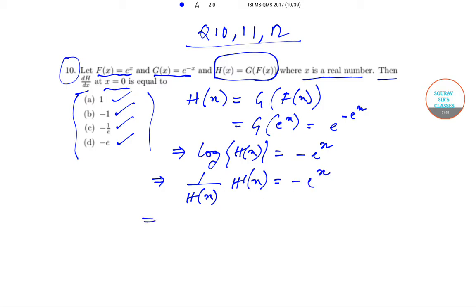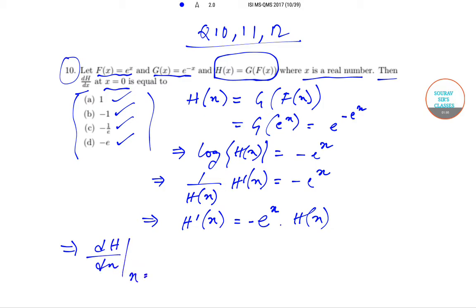So this implies that h dash x is equal to minus of e to the power x into h of x. This implies that dh by dx at x equal to 0, which is nothing but h dash 0, is given by minus of e to the power 0 into h of 0.